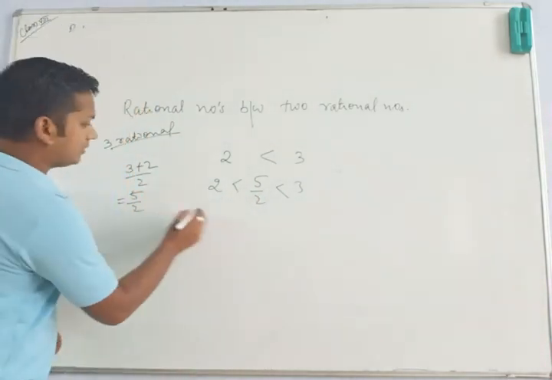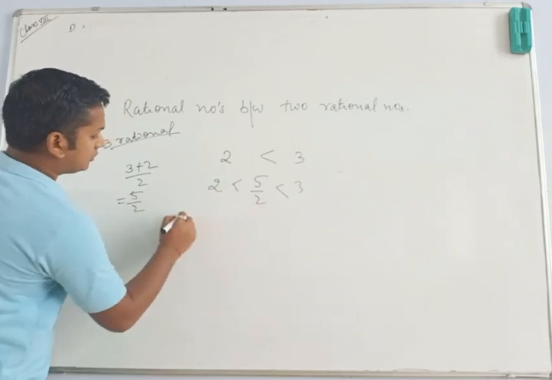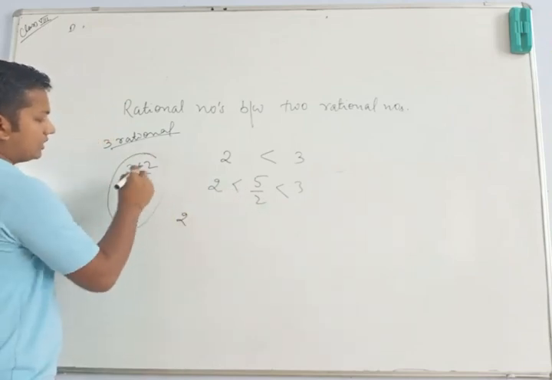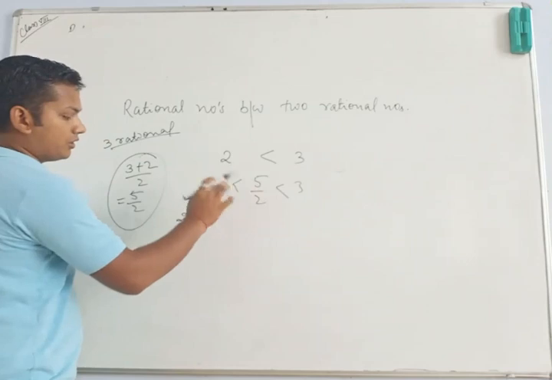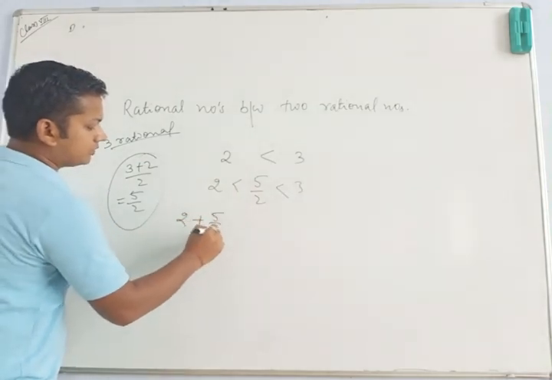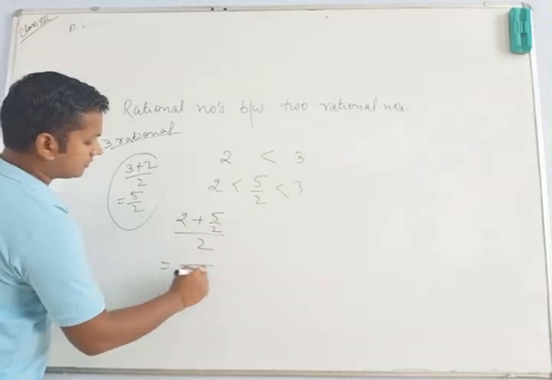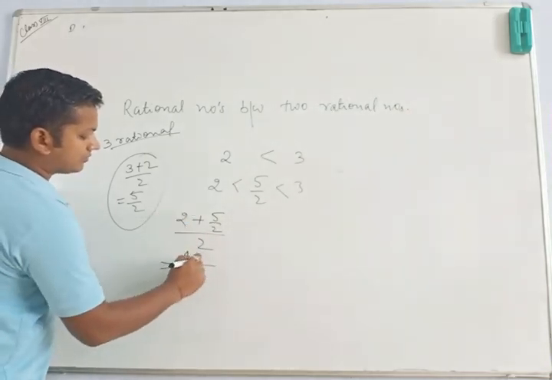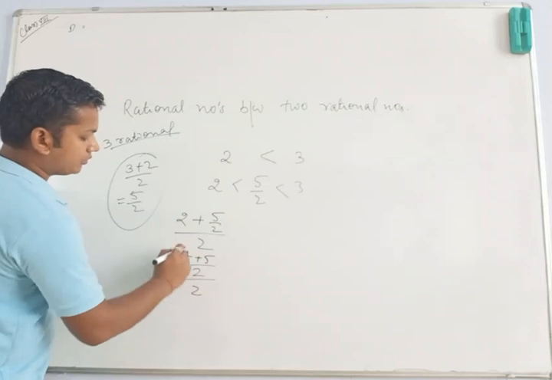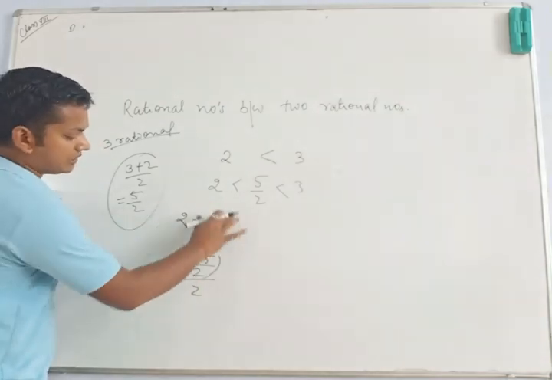Now I will do the same operation, a plus b upon 2, with these two numbers. Take the LCM: 2 is 4 upon 2, so 4 upon 2 plus 5 upon 2 is the sum of these two.